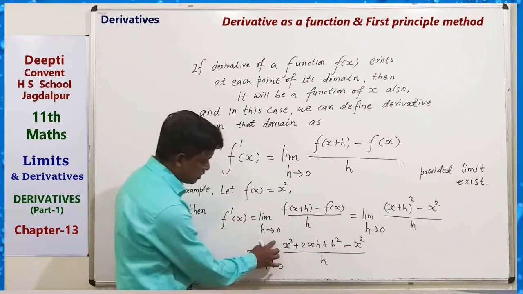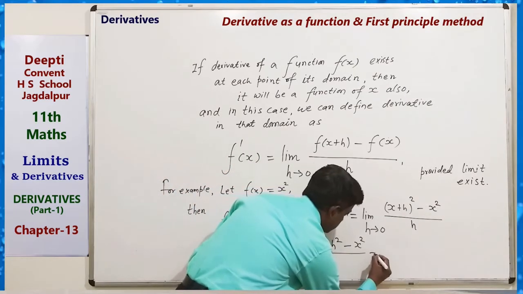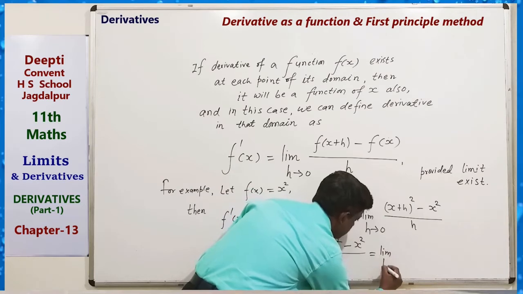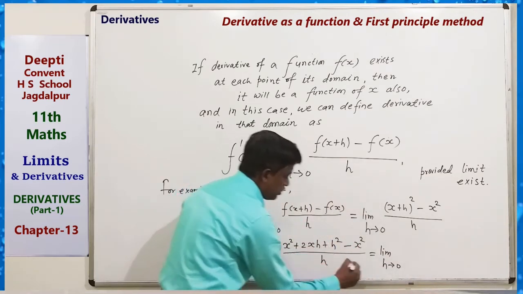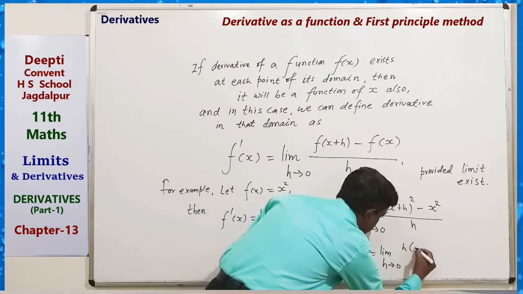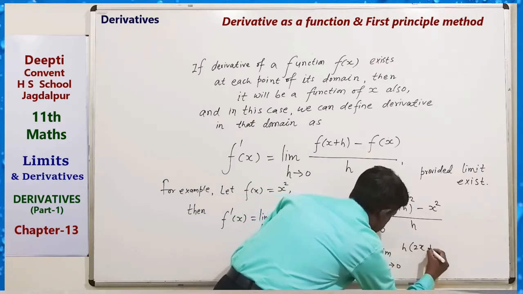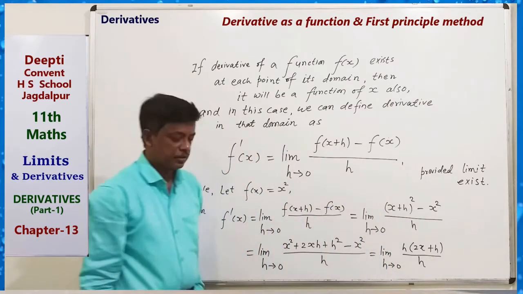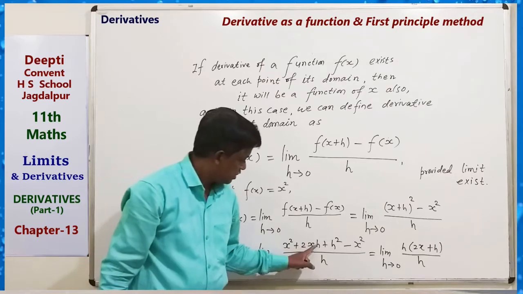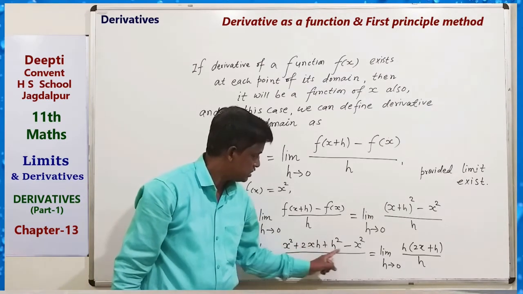Now x square cancels. The limit as h tends to 0 of 2xh plus h square upon h; h is common, so 2x plus h.